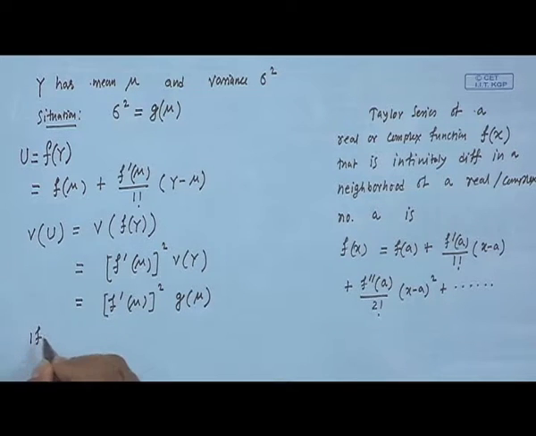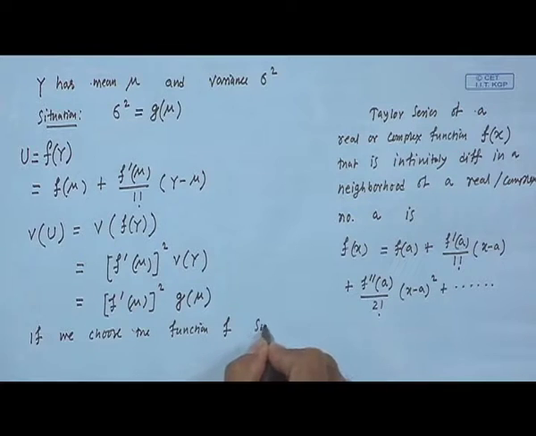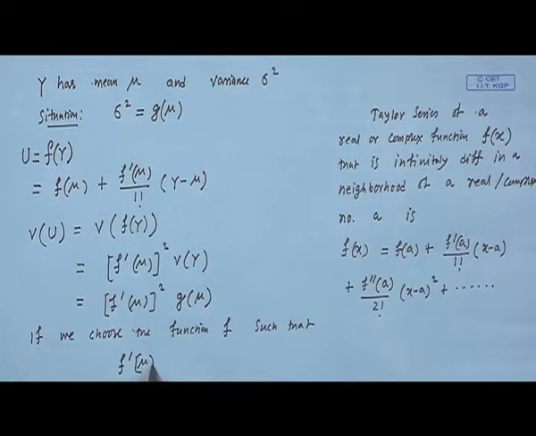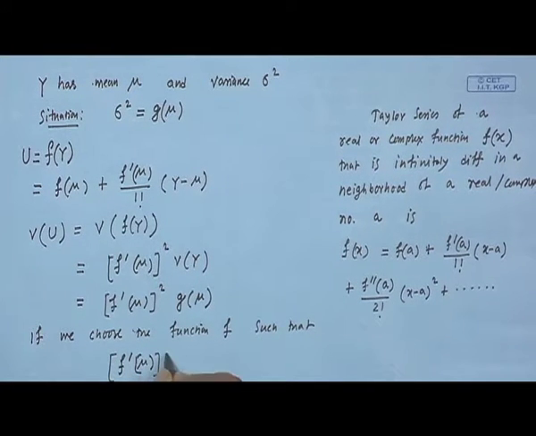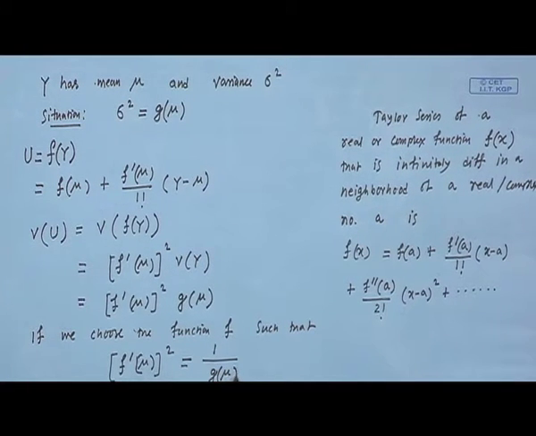Now, if we choose this function f such that f prime(mu) square is equal to 1 by g(mu), then the variance is equal to 1. So, if you can choose a function f such that this is true, then you are done.